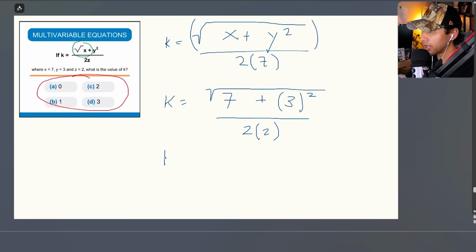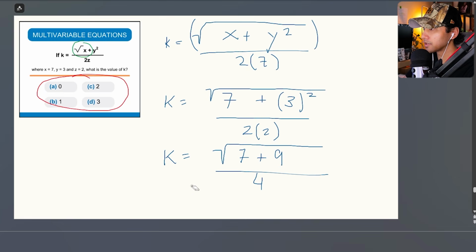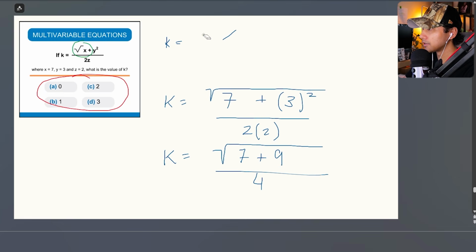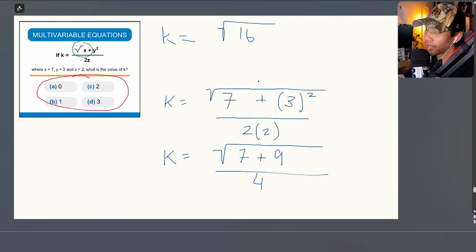And then we go k equals square root 7 plus 9 over 4. And then we have k equals square root 16, right? Because 7 plus 9 is 16, over 4.